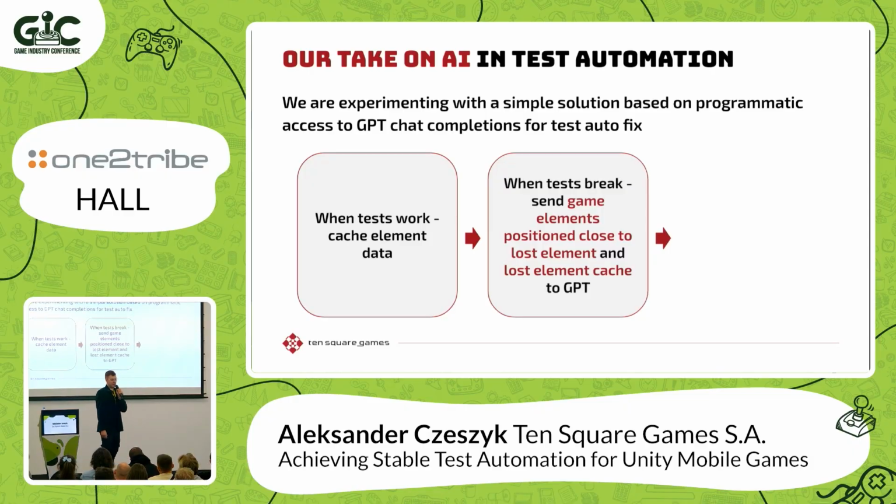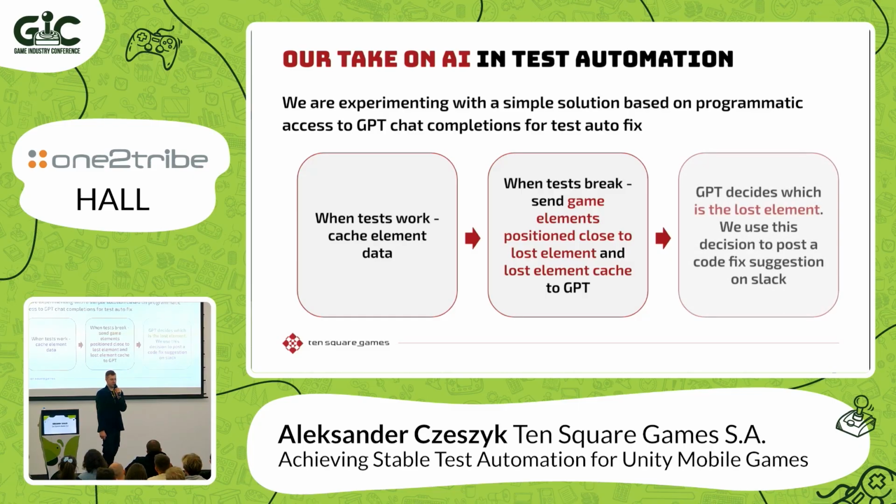When, for example, the developers make changes in the code, the game tree changes, and we cannot locate the elements anymore, we send this cached data alongside with the elements that are close to it on the scene right now, and we ask ChatGPT to answer which is the lost element, and we'll use that prediction to post a code fix suggestion on Slack.